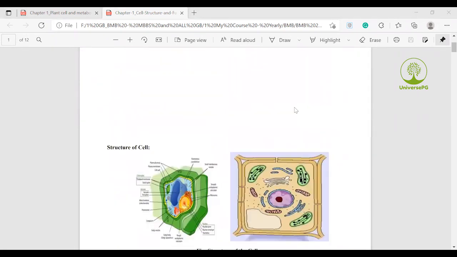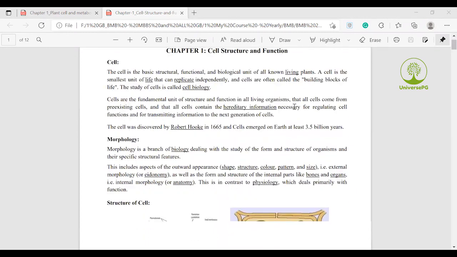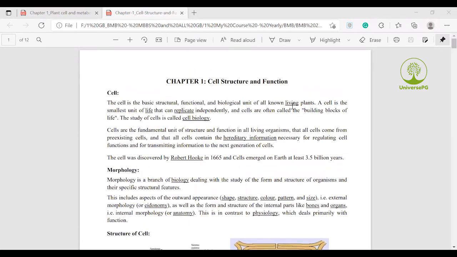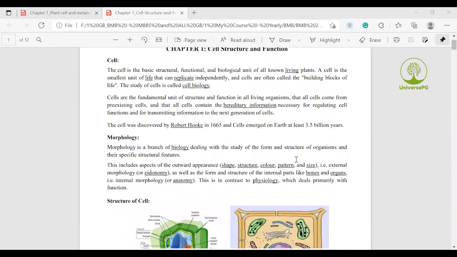So in today's class, you first read: define cell, define plant cell, define animal cell, which scientist first discovered the cell, and how many years ago the cells emerged on the earth.